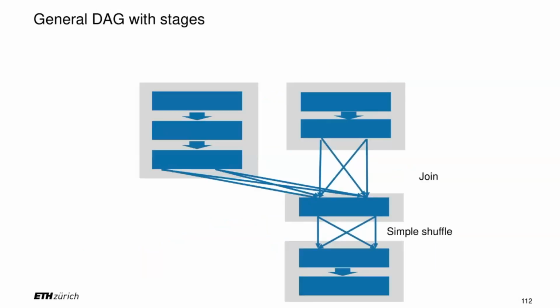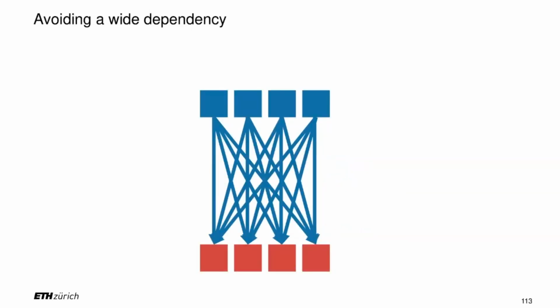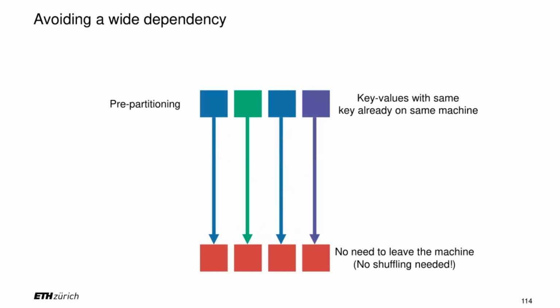Okay? Another trick that can be used to optimize is that in some cases, we can avoid shuffling. We can avoid shuffling if we have extra information. For example, imagine that I want to, let's say, group by key or reduce by key.